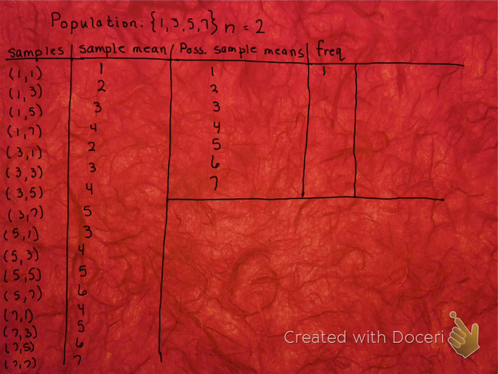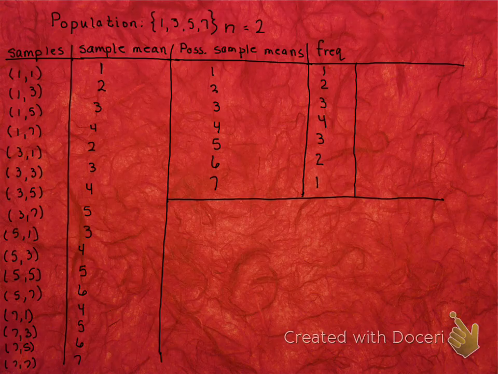And when I go down the list, I'll see I've got 2 twos, I've got 3 threes, and that is just coincidental. I've got 4 fours. Let me spread that out a little bit. I've got 3 threes, 4 fours, 3 fives, 2 sixes, and 1 seven.